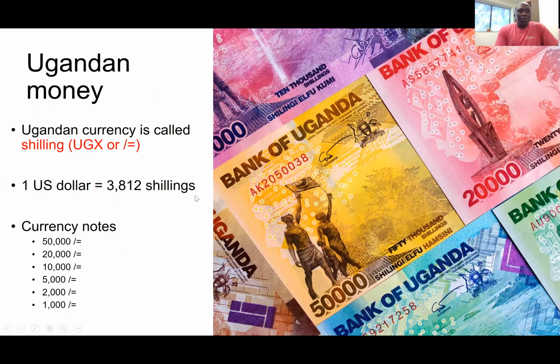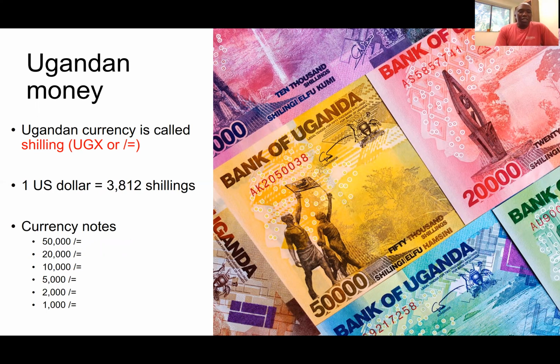So I'll tell you about Ugandan money. The Ugandan currency is called the shilling, and it is abbreviated using UGX, or the symbol is a slash and an equal sign, as I can show you right here. Right now, if you have $1 US, you can get about 3,812 shillings.